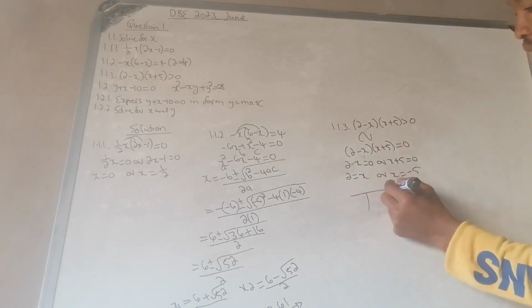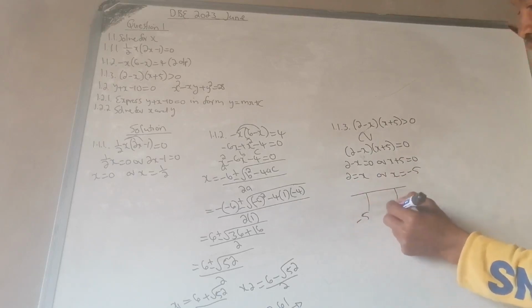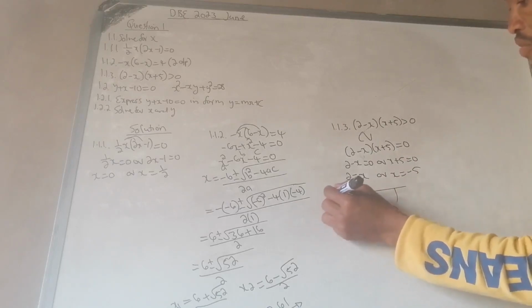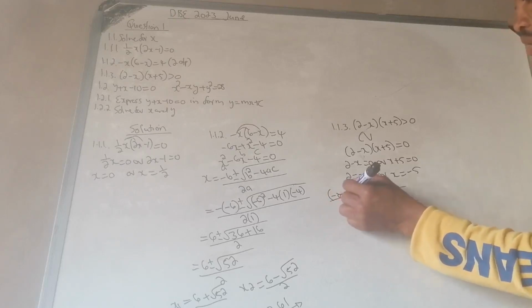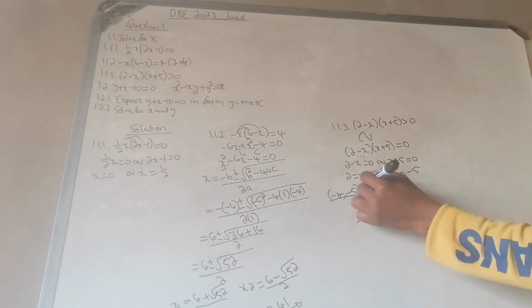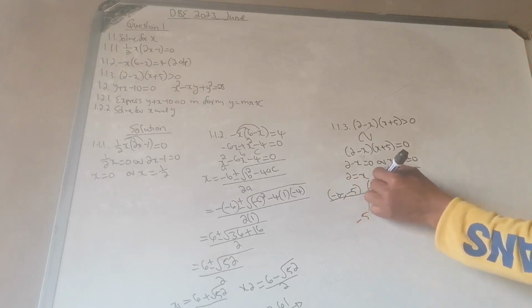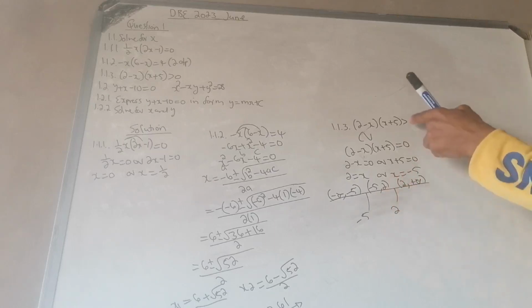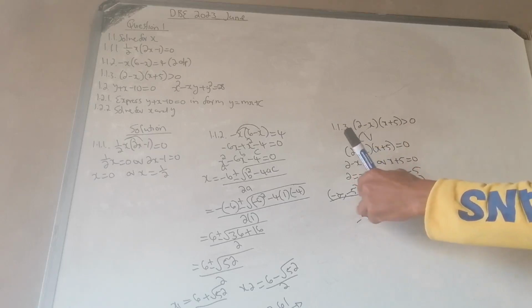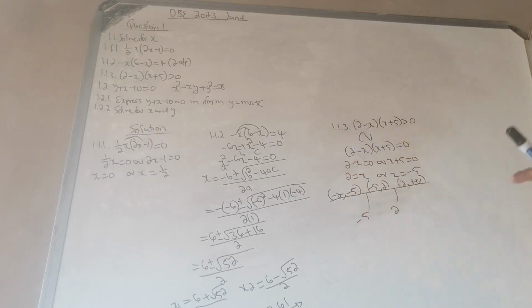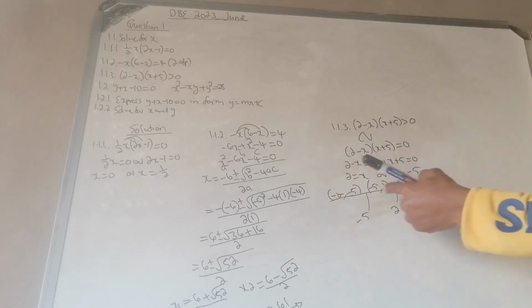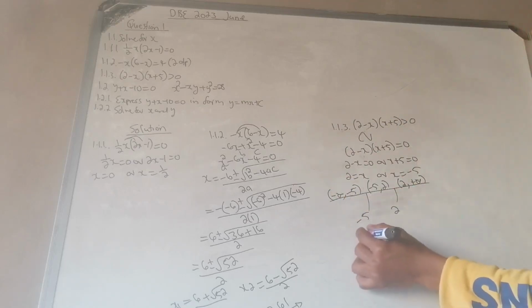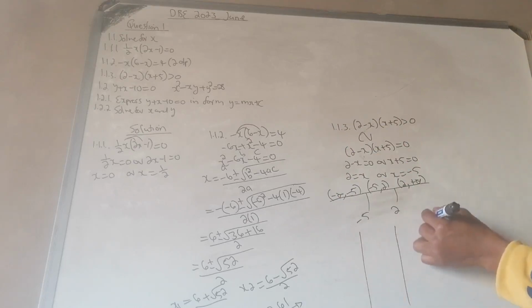I'm moving from negative infinity to minus 5, minus 5 and 2, and 2 to infinity. Because it says greater, you will make open brackets because minus 5 and 2 are not part of the solution. Then you will draw up a table of values.